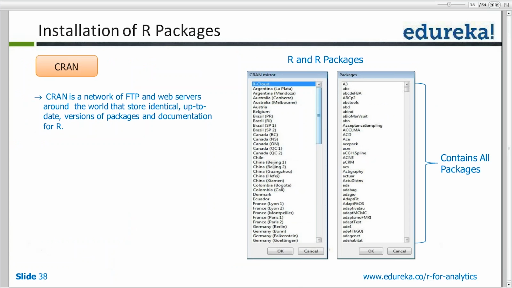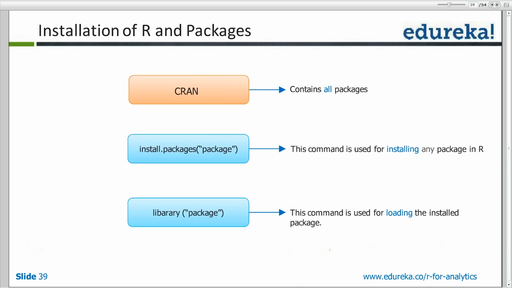What next? So we have seen this. This says CRAN contains all packages. It's a repository of all packages. For other packages, you might have to visit other repositories, but mostly you'll do with CRAN. You'll do good with CRAN, and this is how you install a package. You could also add double quotes when you use a library function, but there is no harm if you don't use double quotes.